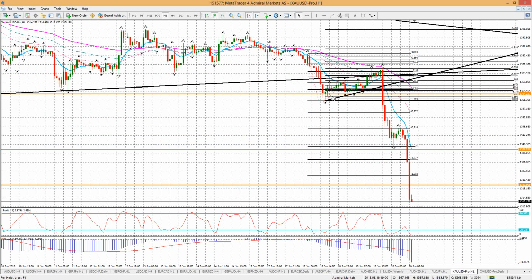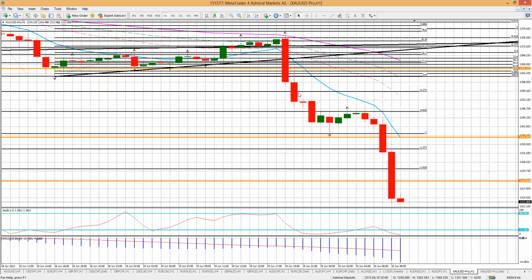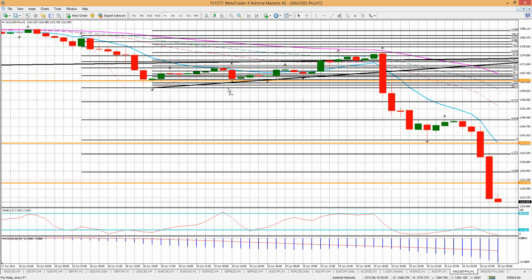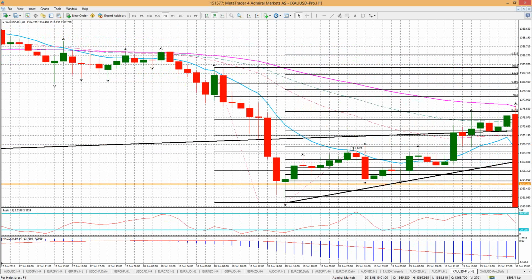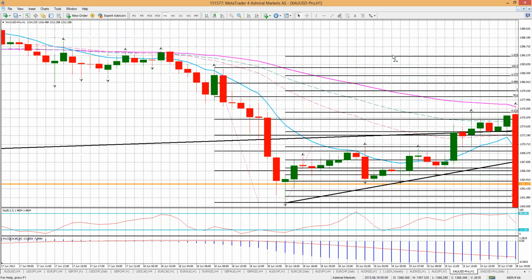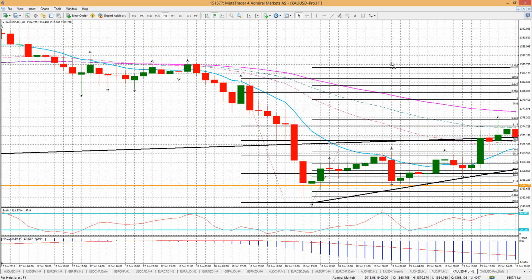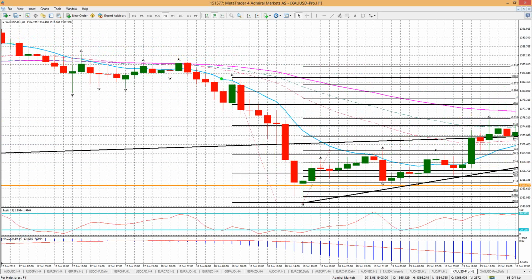Gold, I did talk. I'm pretty sure I talked about it, and what I was looking for was, remember, I have the fibs on here. I was looking for a 618 target. I saw this as a downside. I said the likelihood of a continuation now to the downside is high. We've corrected so much that an impulse is probably going to happen, but I don't think it's going to happen when we were looking at it, which was somewhere in here.